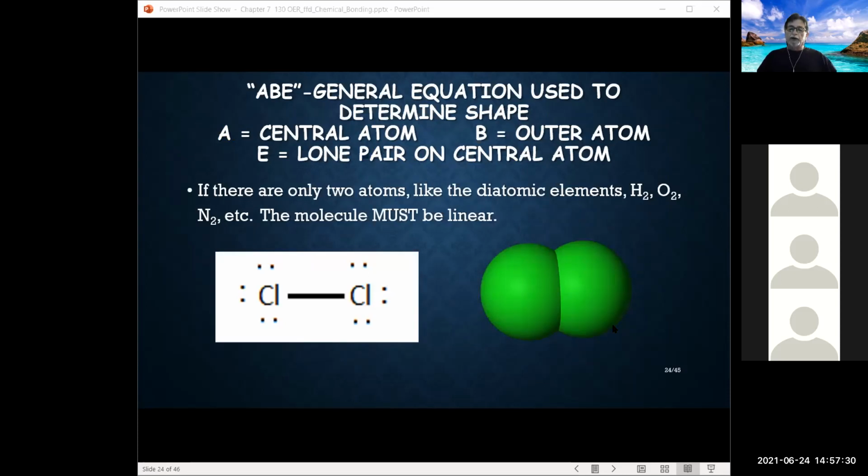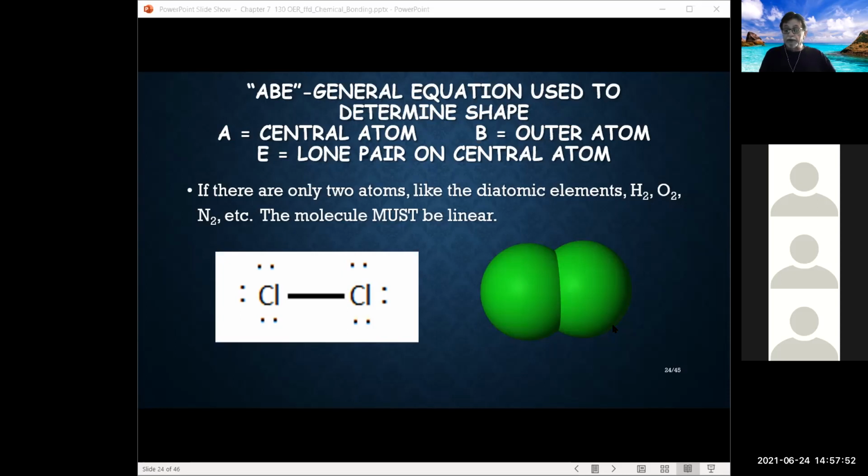All right, we have the diatomic elements. Okay, this structure on the left, and then you got the space fill model to kind of represent what it looks like. This is chlorine. There's only 2 atoms, diatomic. All the diatomics, have no fear, have this geometry.